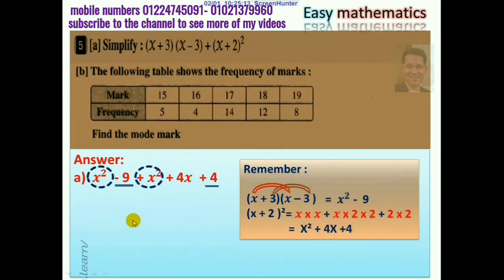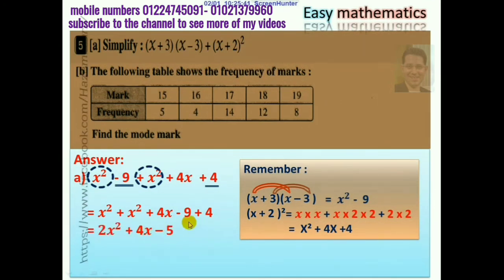And second step, we take each two like algebraic terms beside each other, x power 2 plus x power 2, and 4x as it is, negative 9 plus 4 beside each other. And try to calculate each two like algebraic terms. 1x power 2 plus 1x power 2, it will be equal to 2x power 2, 4x as it is, negative 9 plus 4, it will be finally equal negative 5.